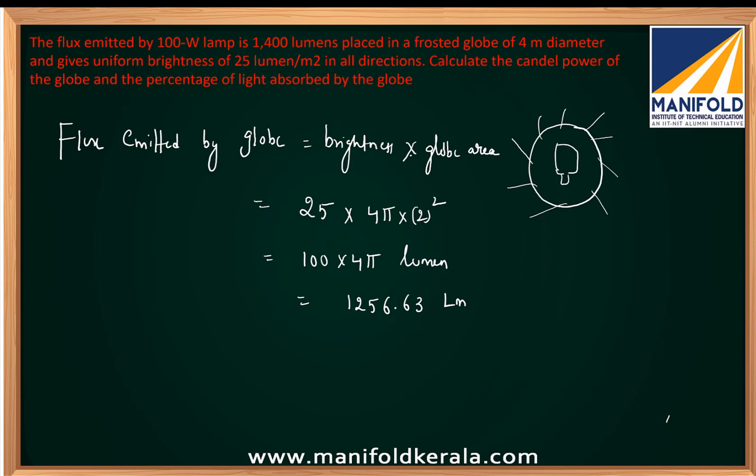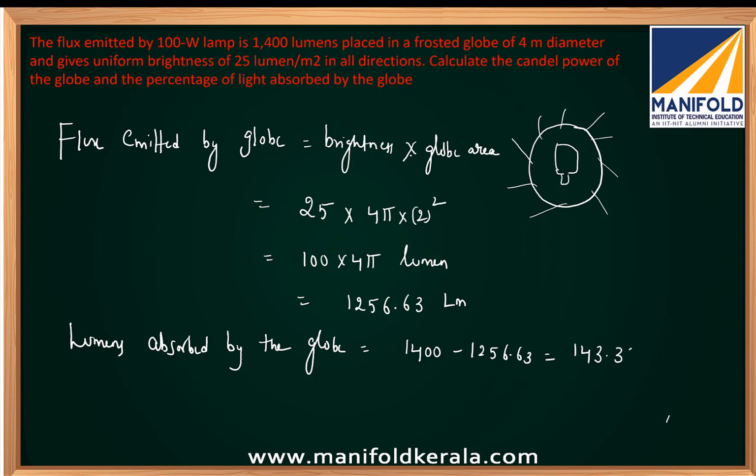So the luminous flux absorbed by the globe is 1400 minus 1256.63, which is 143.36 lumen absorbed by the globe.